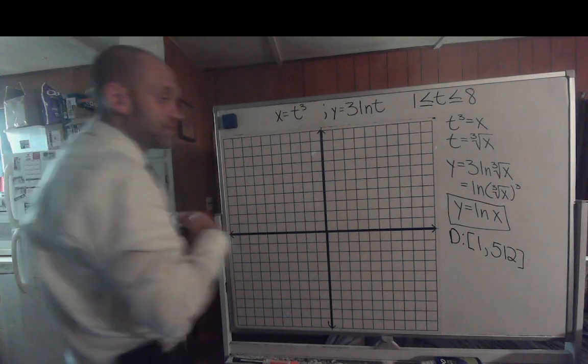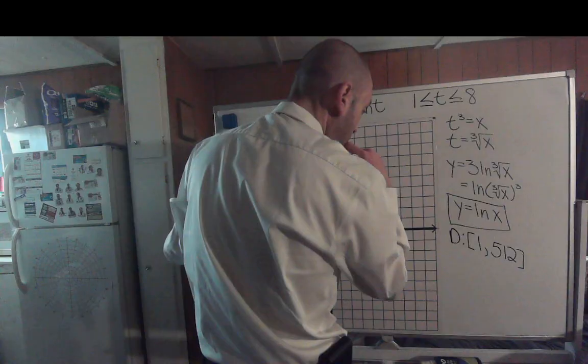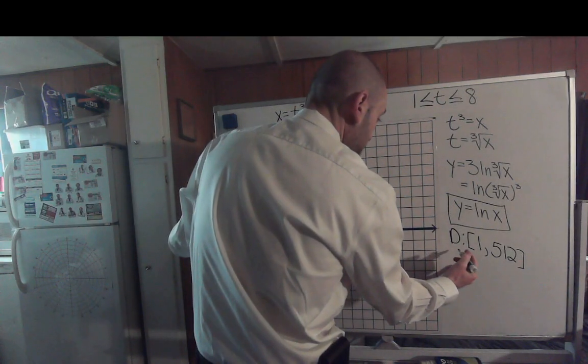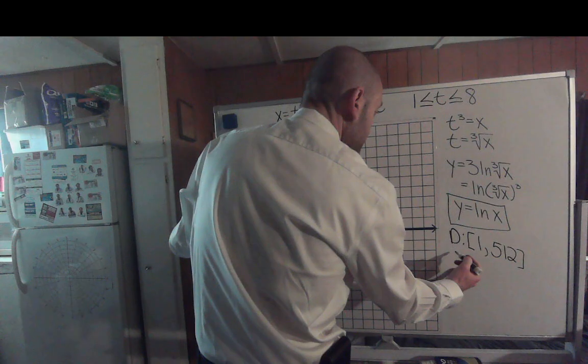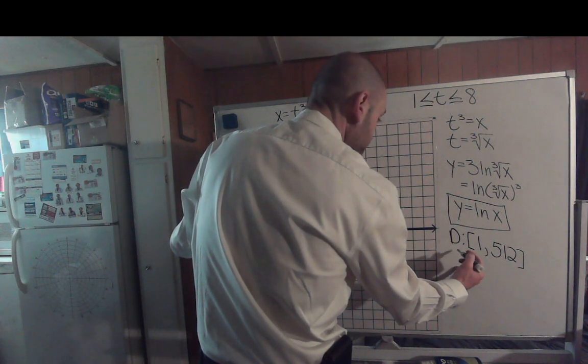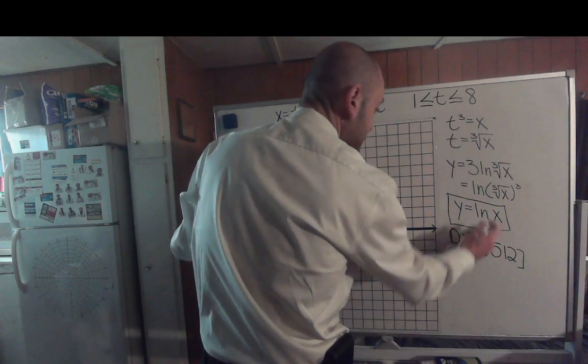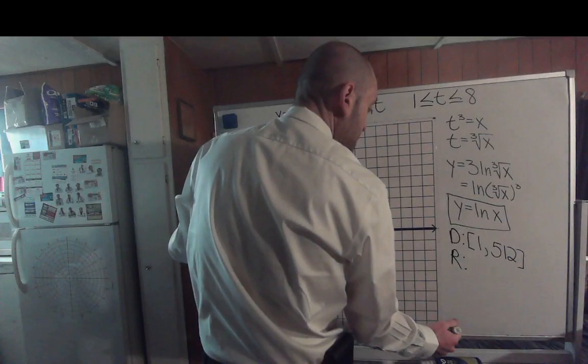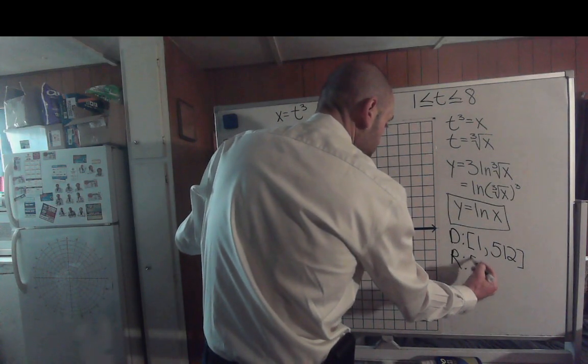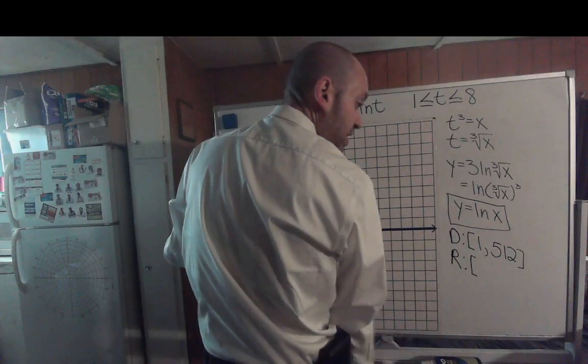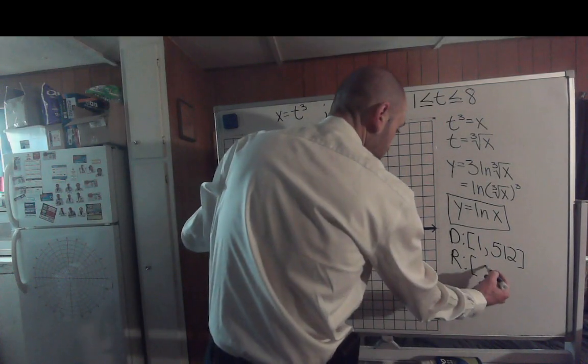And then I can take this for y. Well, the y is going to then end up being my range. So if I take x equals 1, then of course the natural log of 1 is 0.